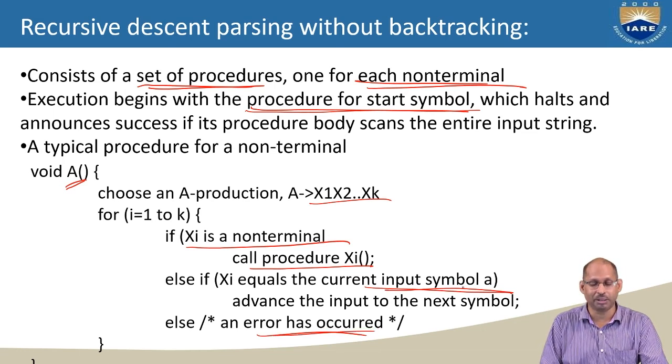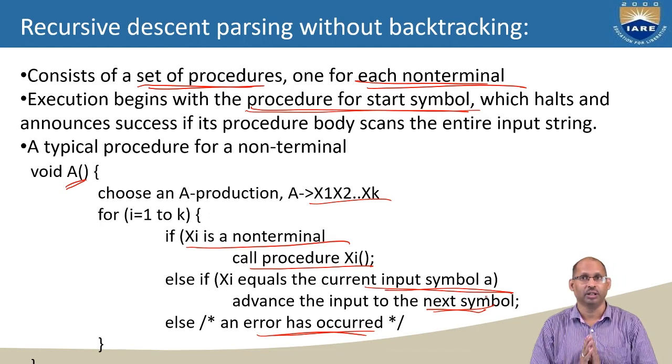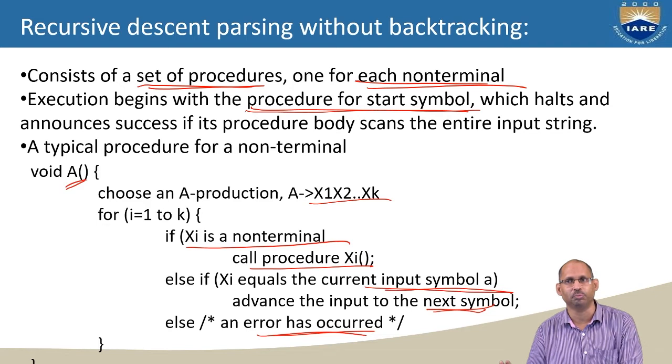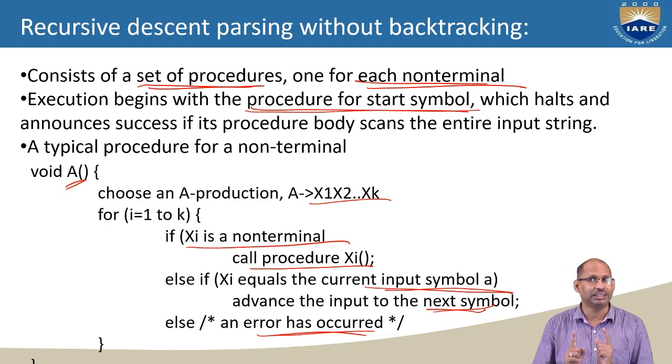If the symbols match, then advance the input to the next symbol. In these programs, simply, if there is a non-terminal, call its respective procedure. If it is a terminal, check that it matches the current input symbol. If it matches, advance the input to point to the next symbol. Otherwise, simply error. That's all.